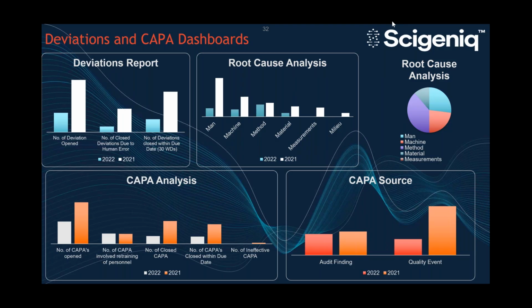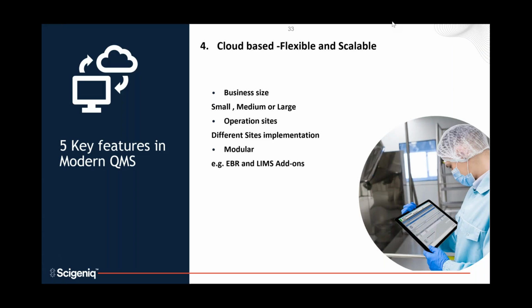You can see what deviations have been closed within time, which is also a good thing to monitor, and also the root cause analysis. I mean, whether the root cause is usually coming from humans, machines, methods, materials. So you can trend all of that and plan for reducing it. Can you move on, Jawad, to the next slide?